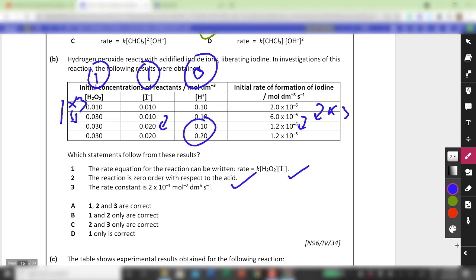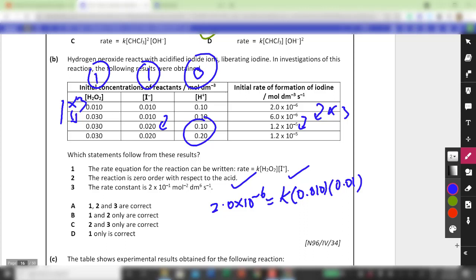And then shall we calculate the rate constant? Is it 0.2? So we can easily perform the calculation using the first set of data. So 2.0 times 10 to the power minus 6 equals K times H2O2, which is 0.010, and I minus is 0.01 as well.